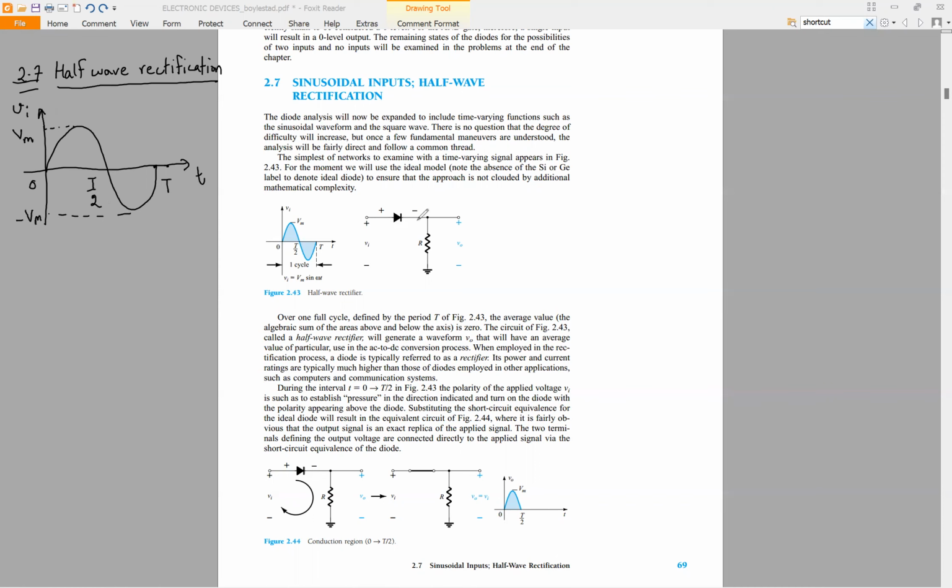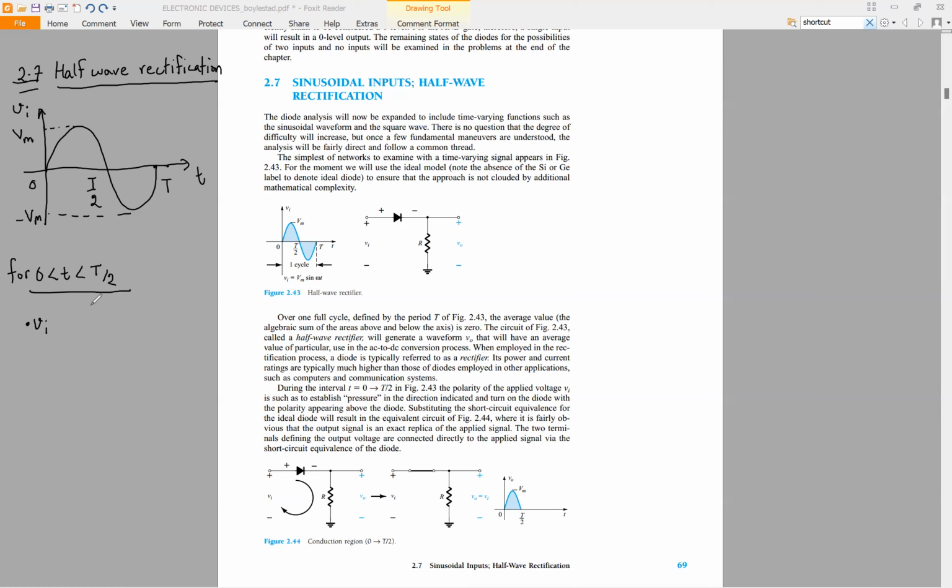Now let's analyze this circuit. The input is positive when time is between 0 and capital T by 2. So between 0 and T by 2, what is Vi?